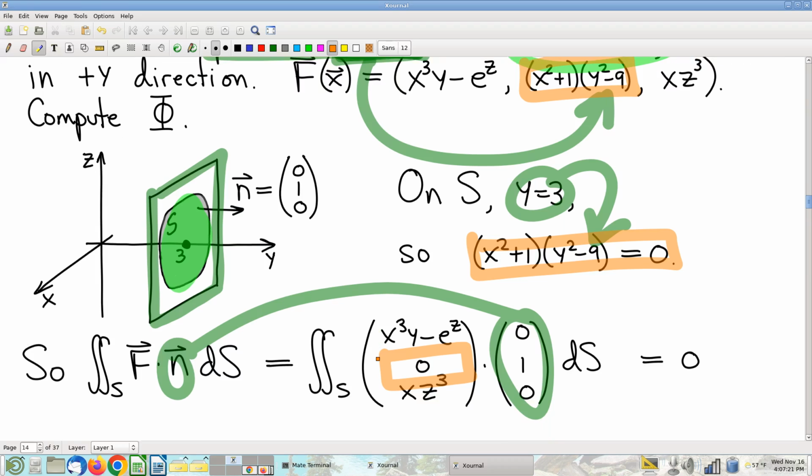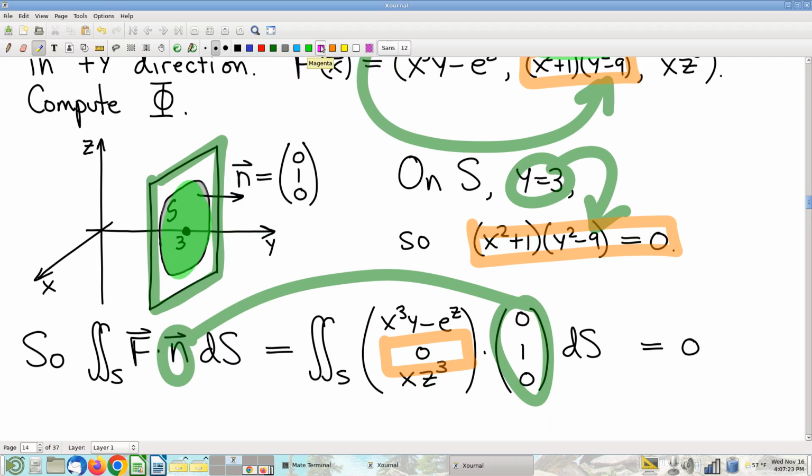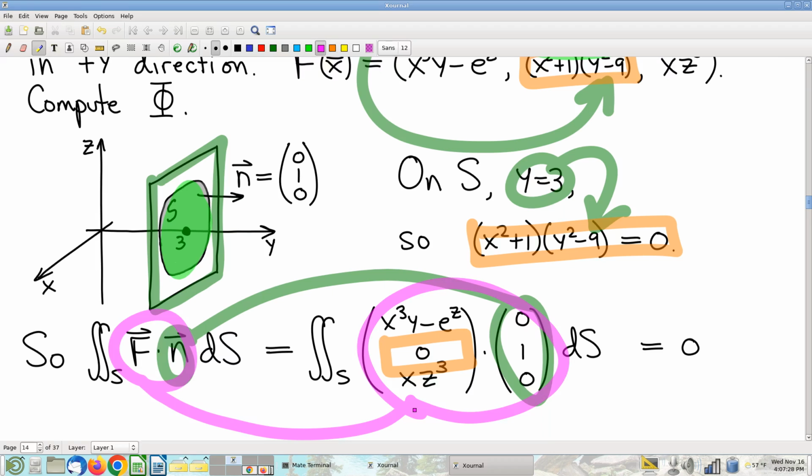So, alright, what was I asked to compute? I was asked to compute flux. Flux requires dealing with F dot n, and if you just write it as F dot n, well, F is a big ugly formula, and n, oh gosh, we have a technique. We've got to parameterize, and then take the partials, take the cross product, divide by the magnitude. We have this whole spiel for finding what little n is.